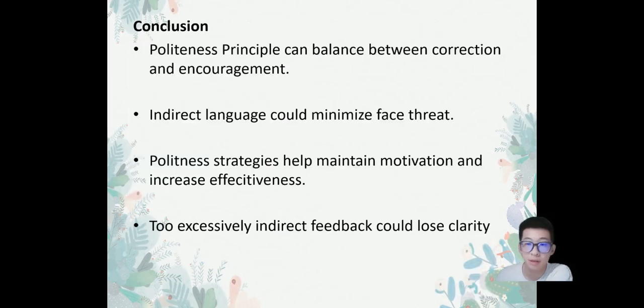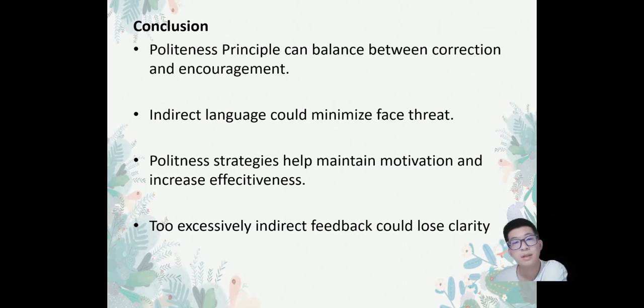The fourth part is the conclusion. The first one: the Politeness Principle can balance between correction and encouragement. The teacher uses the Politeness Principle to give feedback in an indirect way, and teachers follow the steps of encouraging the student first to give them approval, and then giving them some useful advice to help them improve.